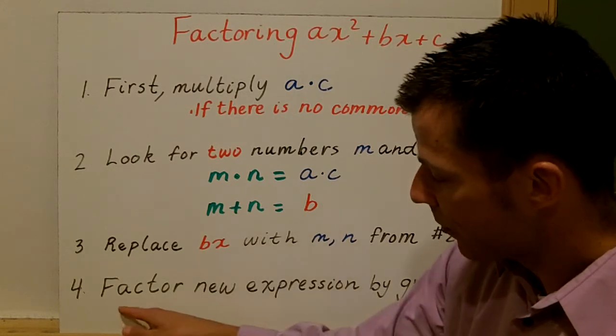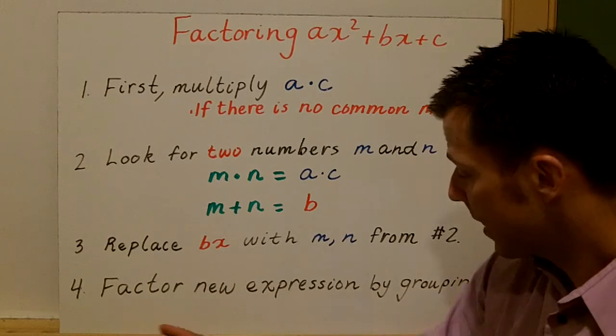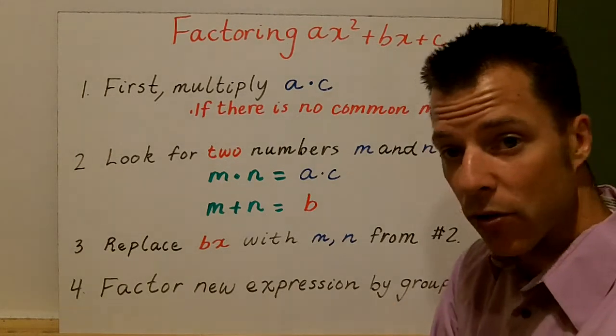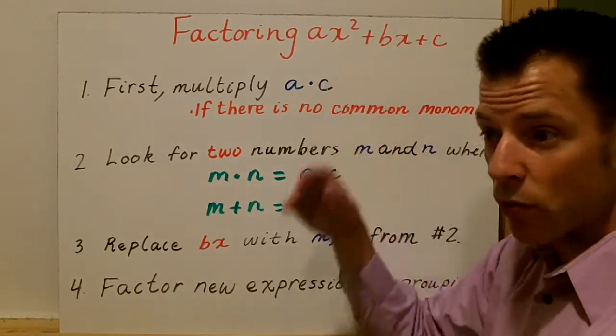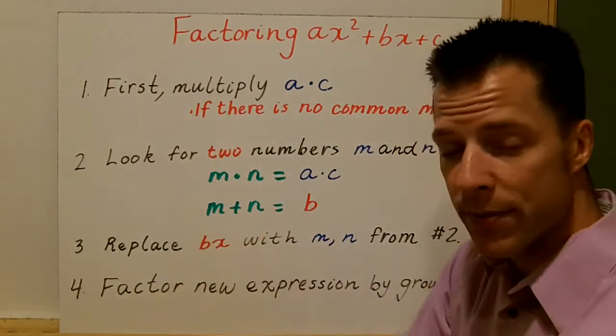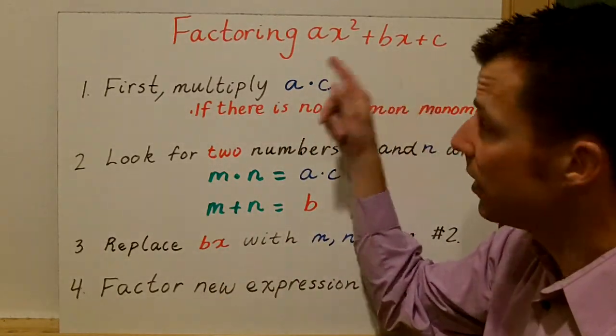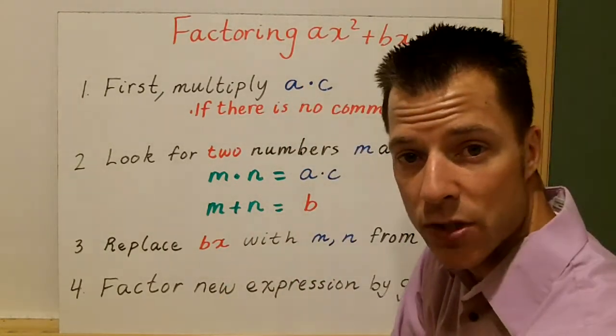So the last step would be to factor the new expression by grouping. Okay, so this last step is a little more tricky. We're going to factor by grouping. So to factor this expression, we have to use another method called grouping. So these are the 4 steps that we're going to use to help us factor ax squared plus bx plus c, and again, when that a value is greater than 1.